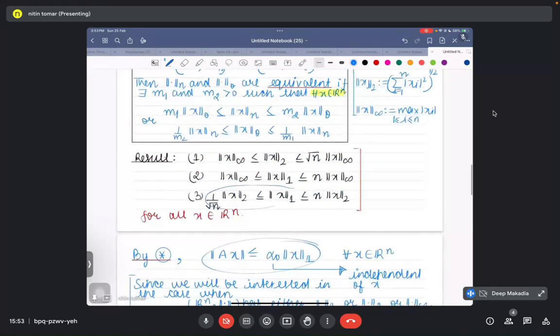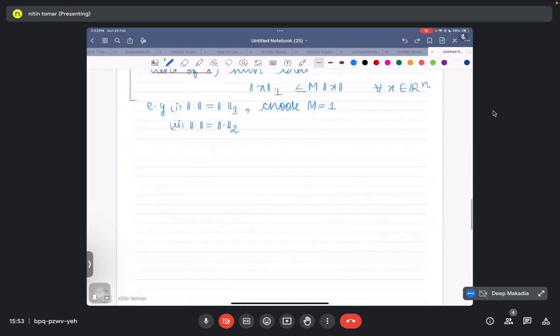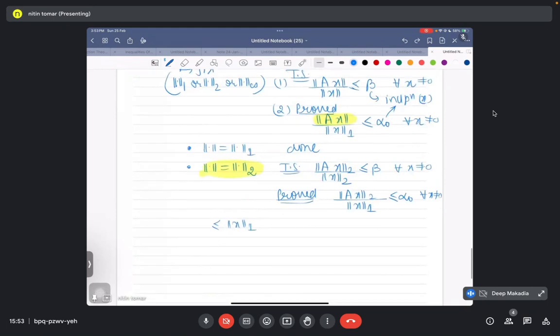Can I use this property? Norm x1 is greater than or equal to 1 by root n times norm x2. Correct. So what does it imply? That norm x2 by norm x1 will be less than or equal to the numerator as it is, times root n.